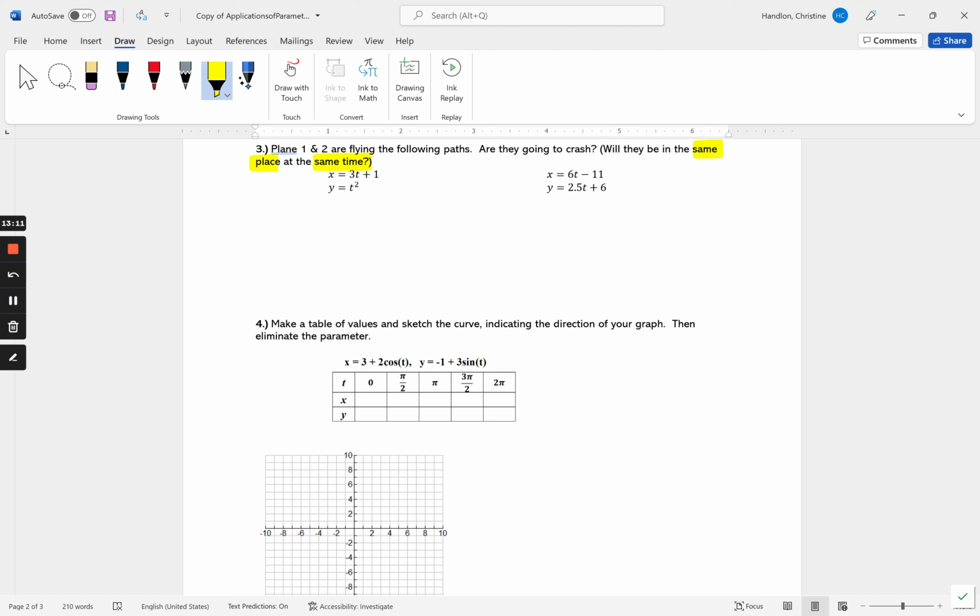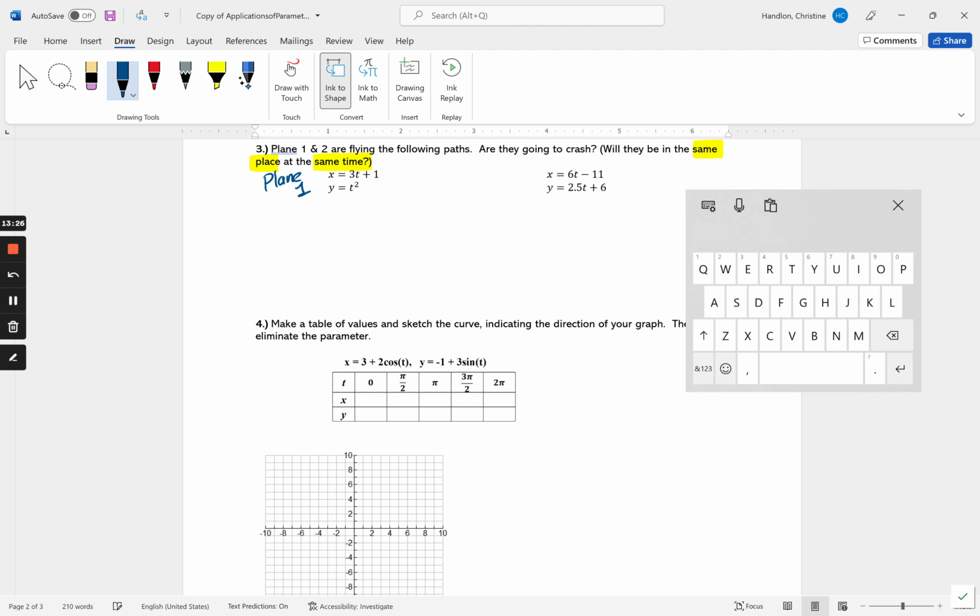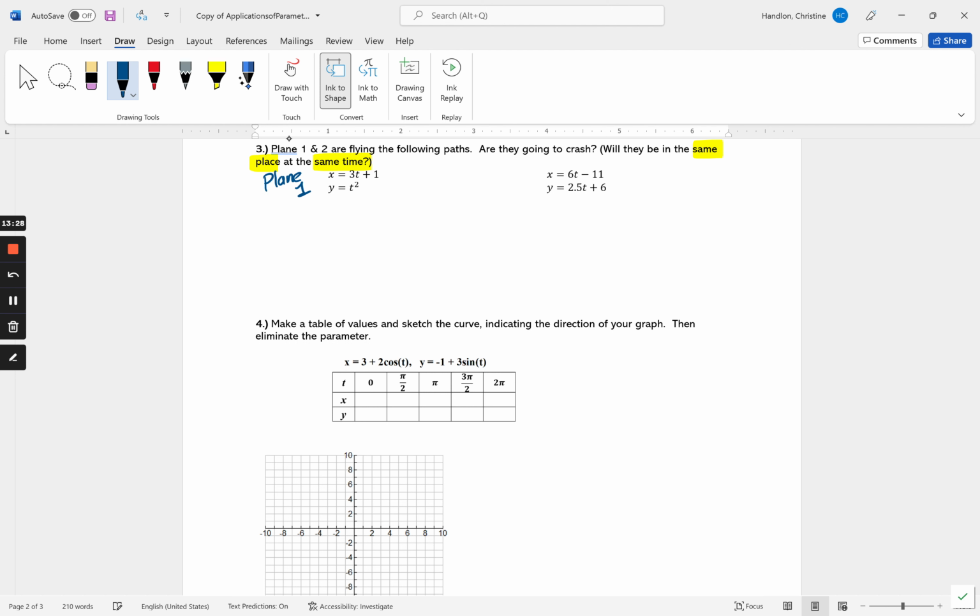Well, notice that we have plane 1 here being given to us with parametric equations, not an F, it's a P. Let's try that again. We have plane number 1 here with parametric equations x and y, and then we have plane number 2 over here. Now, both have variables x, y, and t, both scenarios.